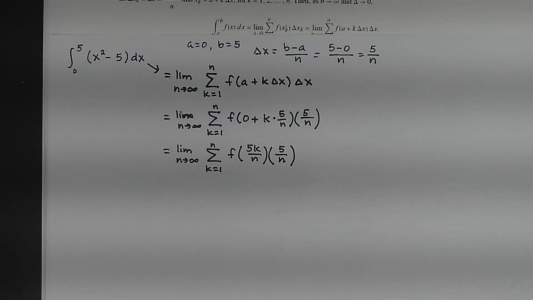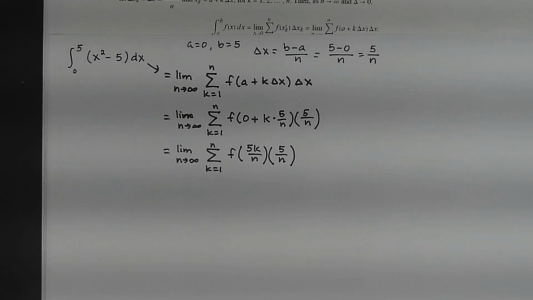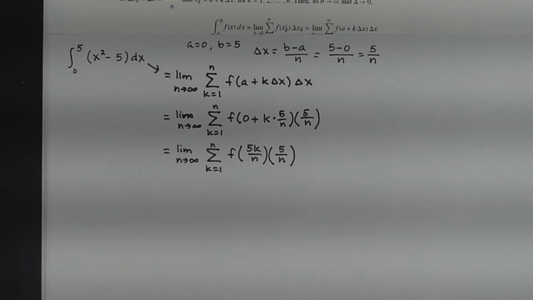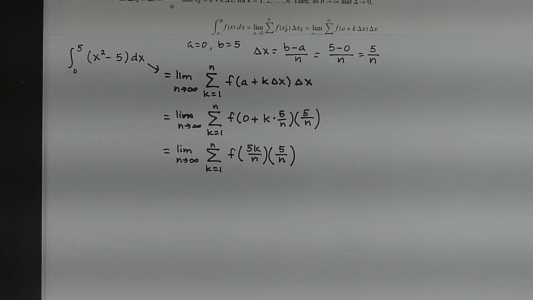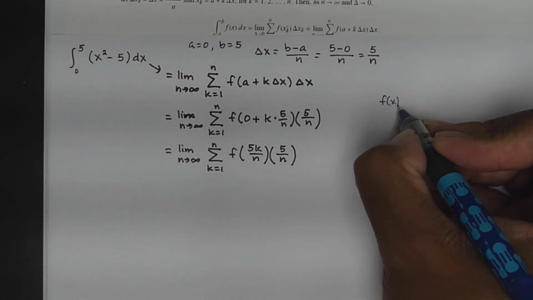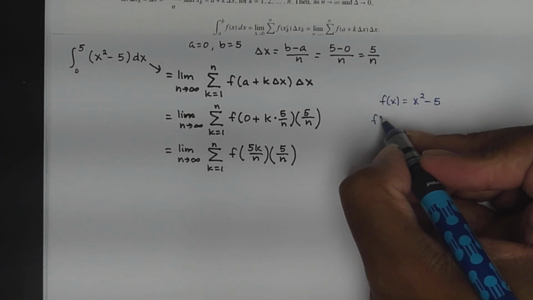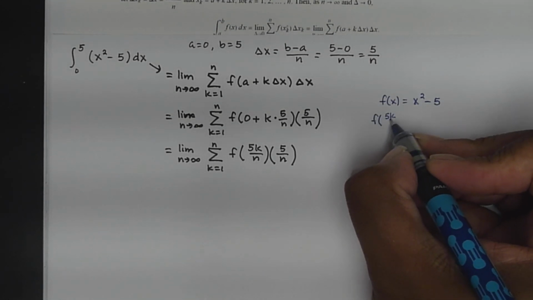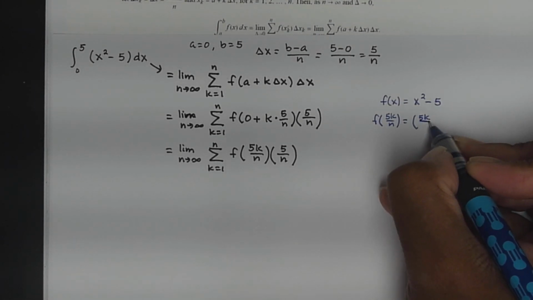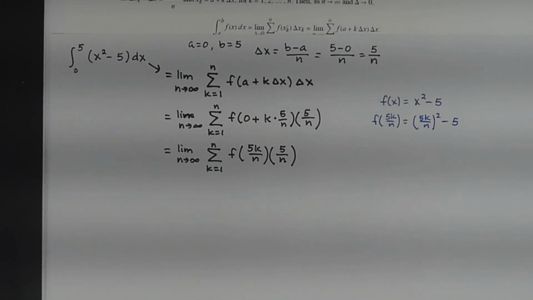Now, in this case, for f of 5k over n, my f of x is x squared minus 5. So let me write this off to the side: f of x is equal to x squared minus 5. So when I replace that x with 5k over n, this will be 5k over n, squared, minus 5.